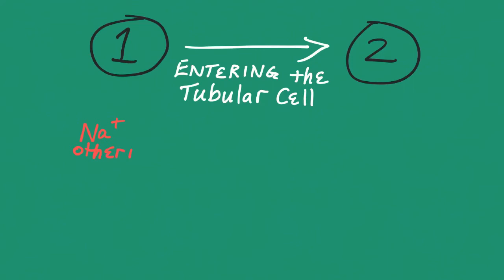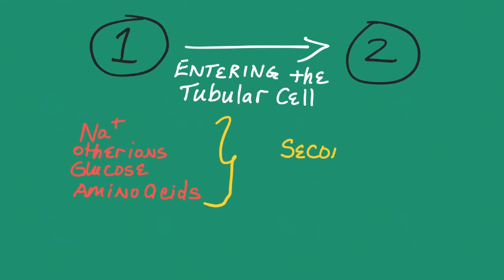All of these molecules move into the tubular cell via secondary active transport. If you remember, secondary active transport is powered by the movement of sodium down the concentration gradient. And glucose, amino acids, and other ions can catch a free ride with sodium into the tubular cell. So all of them enter with the help of sodium.